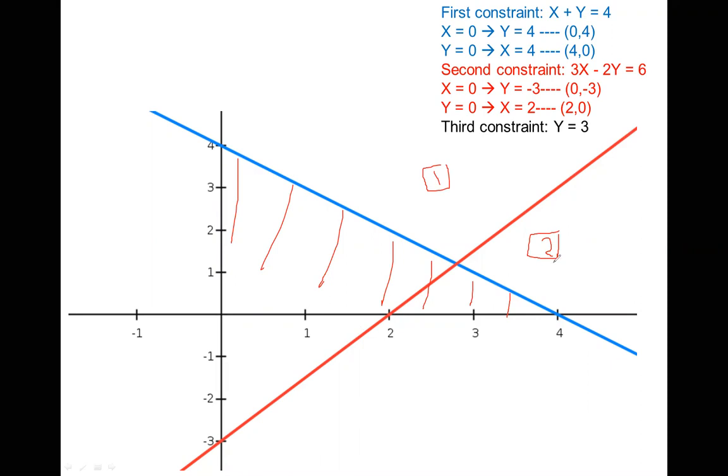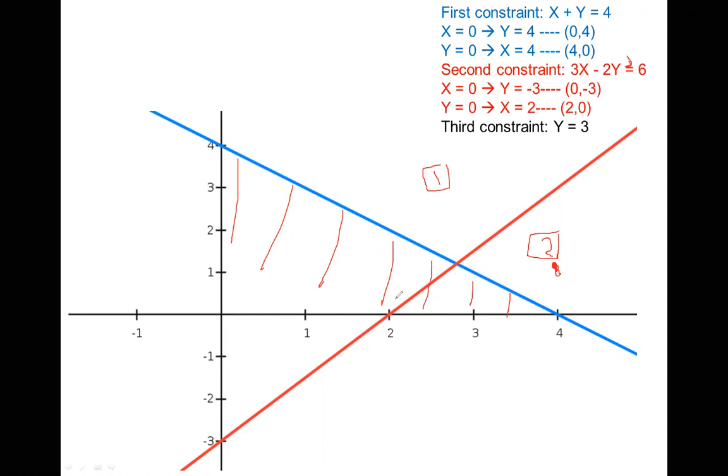Assuming this point is 4, 1, is it against the sign or according to the sign? Substitute: x equal 4 and y equal 1. So 3 times 4 is 12, 12 minus 2 is 10, and 10 is greater than 6, the value in the sign.